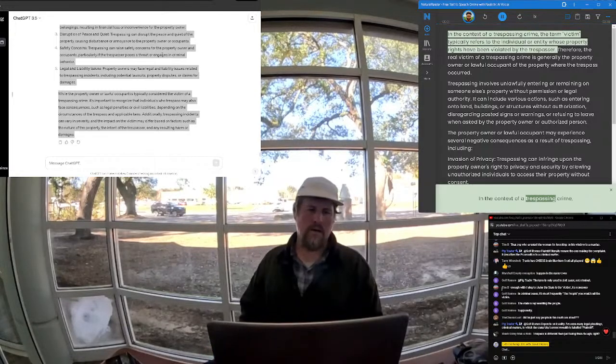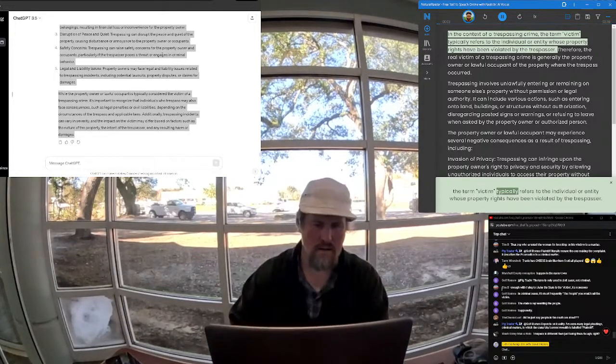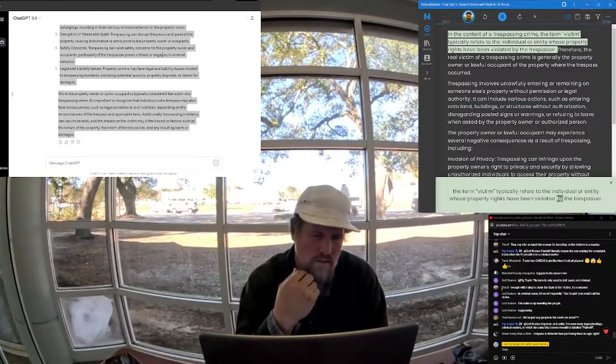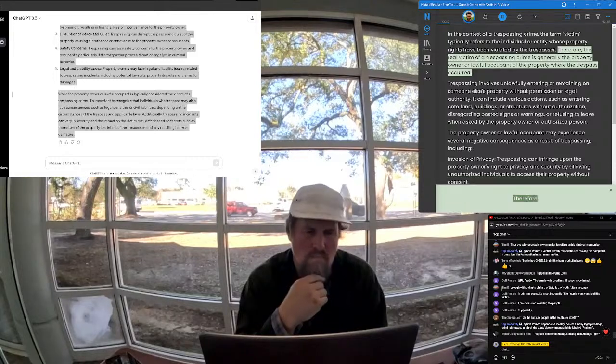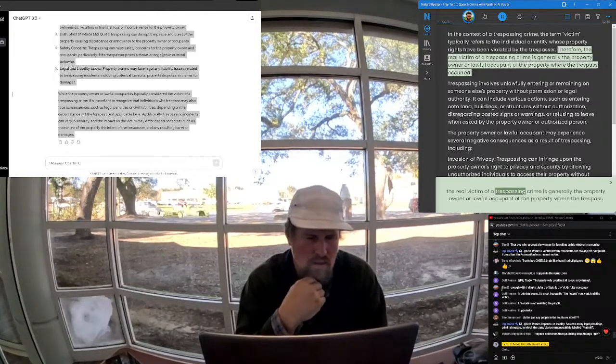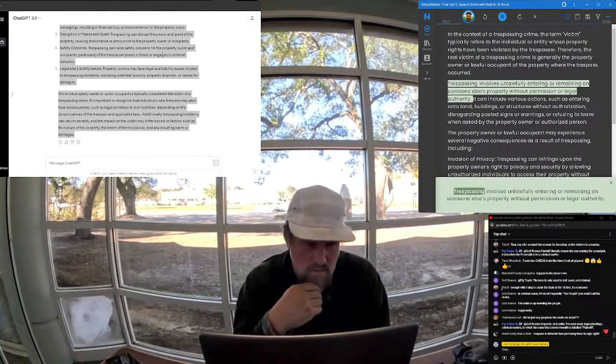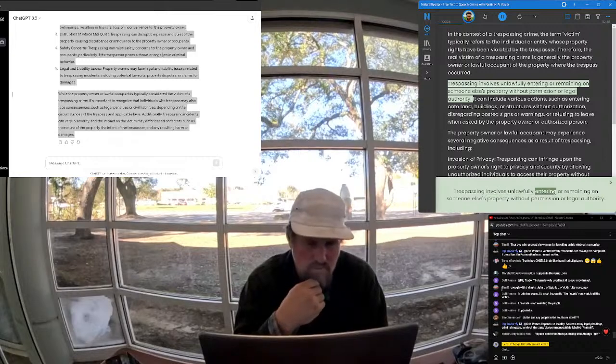In the context of a trespassing crime, the term victim typically refers to the individual or entity whose property rights have been violated by the trespasser. Therefore, the real victim of a trespassing crime is generally the property owner or lawful occupant of the property where the trespass occurred. Trespassing involves unlawfully entering or remaining on someone else's property without permission or legal authority.